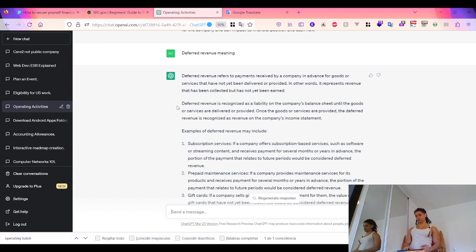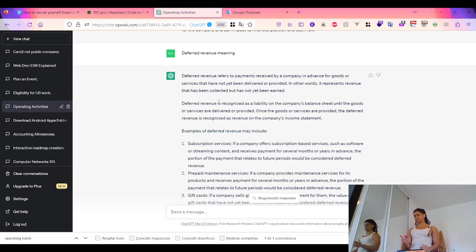Deferred revenue: a payment that you receive in advance for goods or services that have not yet been delivered or provided. It is a liability, of course. In other words, it represents revenue that has been collected but has not yet been earned.